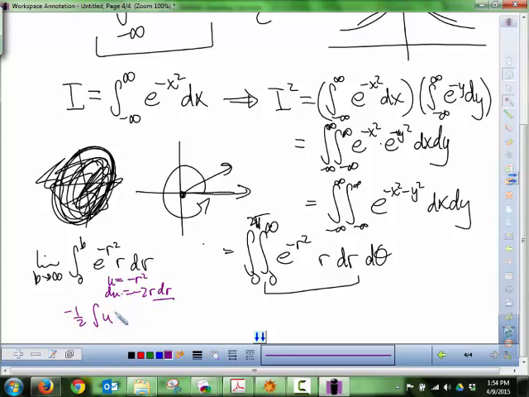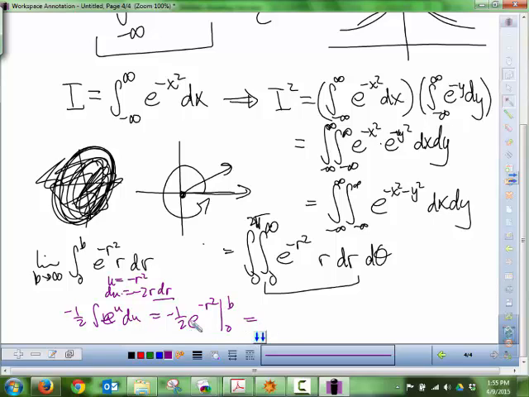So we have the integral of e to the u du, and this is going to be just negative 1/2 e to the u, and u is equal to negative r squared from 0 to b when we put in the limits.